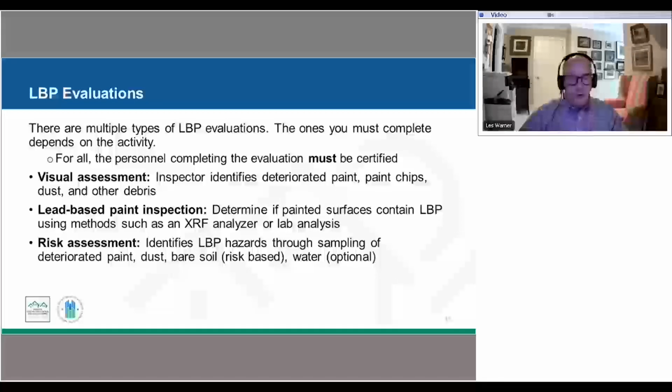I want to make sure that folks are familiar with each of those terms, and we'll be talking about a couple of these under Subpart L. A visual assessment is where an inspector is going to be examining surface by surface, looking for evidence of deteriorated paint, but also things like unstable surfaces, chipping, and dust or other debris, which is visual evidence of the potential of a lead hazard. With a visual assessment, we don't actually know if we have lead paint, but we're looking for these visual indicators that there's a potential for that.